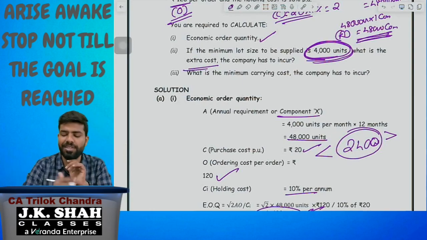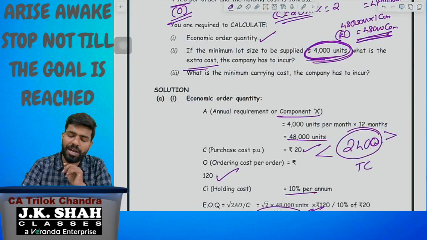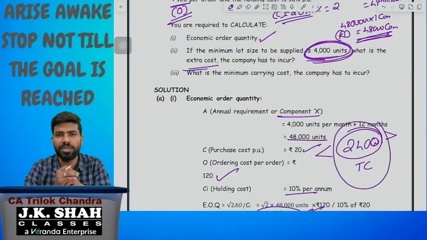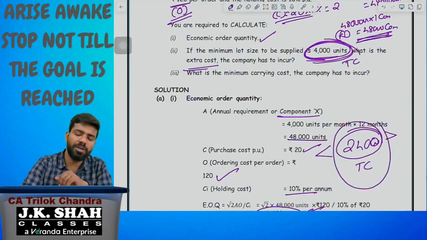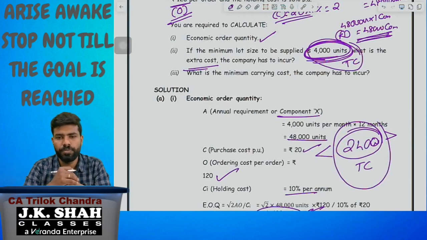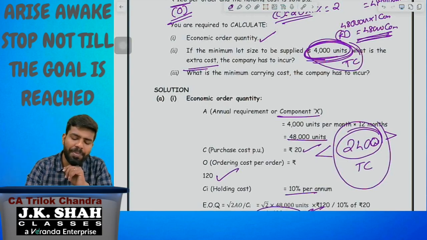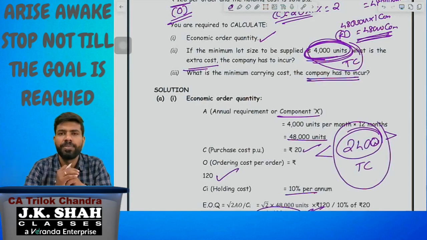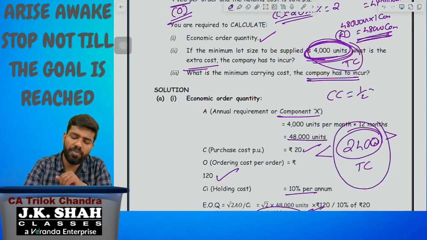Now how to answer this? Calculate total cost at EOQ and calculate total cost at 4,000 units. Compare both. We'll get the extra cost. Okay, now what is the minimum carrying cost the company has to incur? Carrying cost depends upon ordering quantity. Carrying cost equals half of OQ into C. When the ordering quantity decreases, carrying cost decreases.